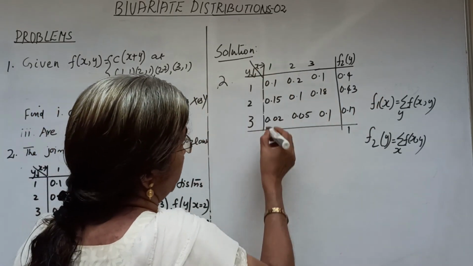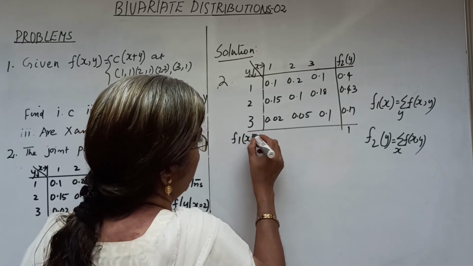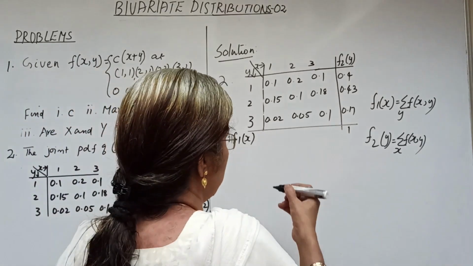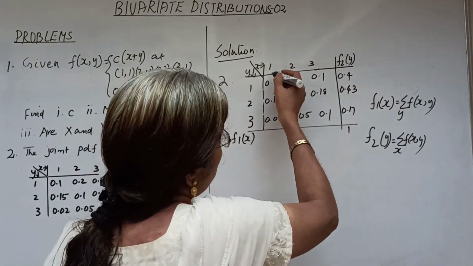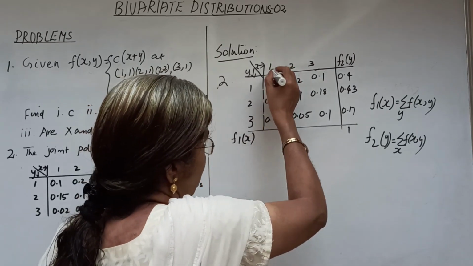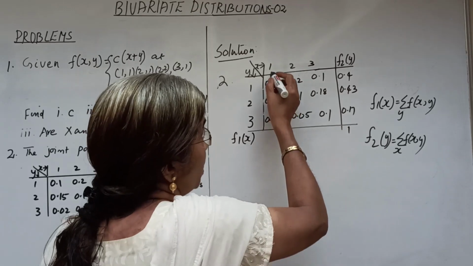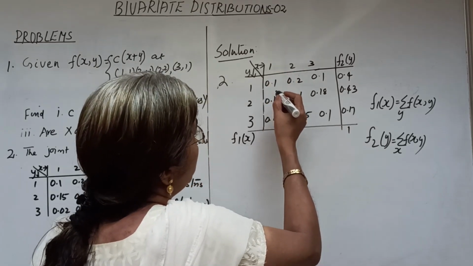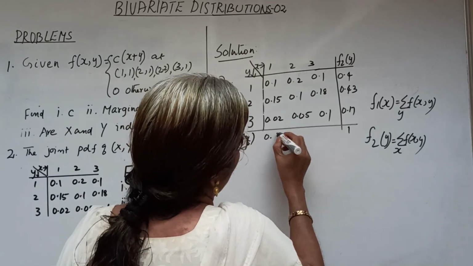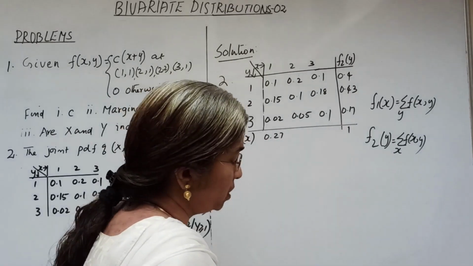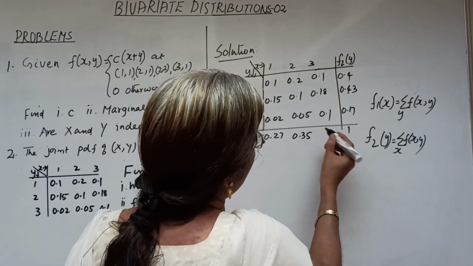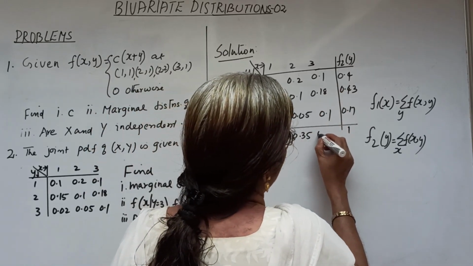Here the column totals give f1(x). I have written the formula f1(x) equal to sigma over y of f(x, y). That is, for the first column x takes the value 1 and y changes, so f1(x) is the first column total. For x equal to 1 it is 0.27, and here it is 0.35, and here it is 0.38.